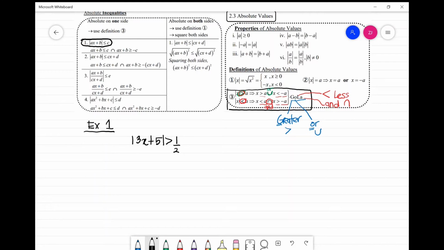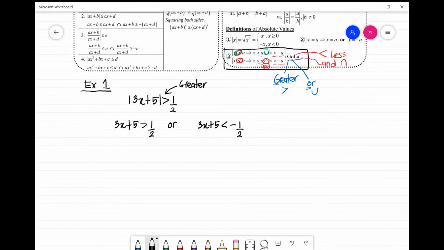First, in order to use the definition, please bear in mind this is the greater than sign, so we're going to use or. We define 3x plus 5 greater than half, or 3x plus 5 less than negative half.